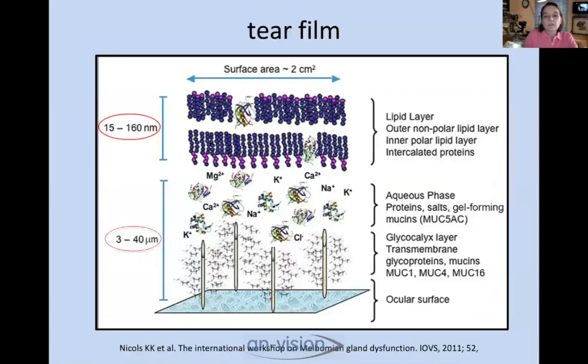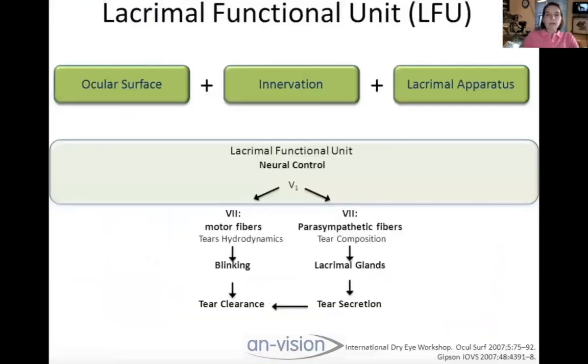So this is a graph that shows you the different lipid layers, and then the aqueous layer with all the salt content. And this is the schematic microvilli, and the mucin layer sitting on top of the epithelial cells. The whole thing works only if every little component of this so-called lacrimal functional unit is intact.